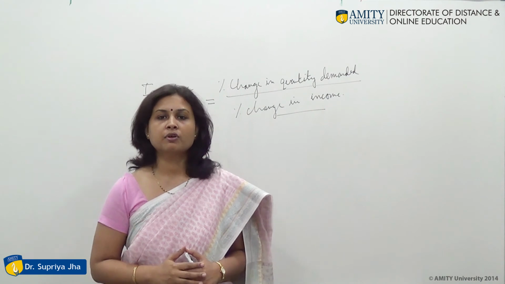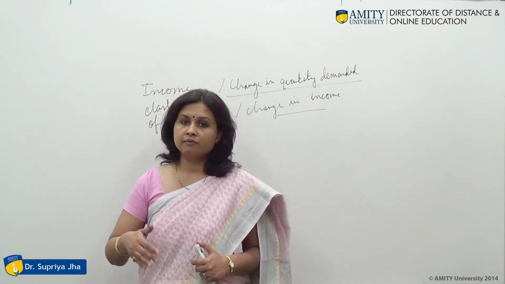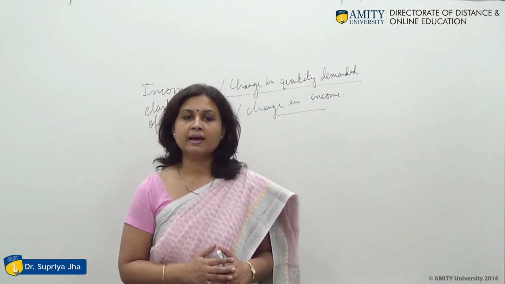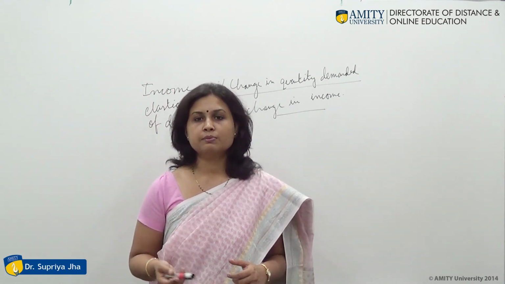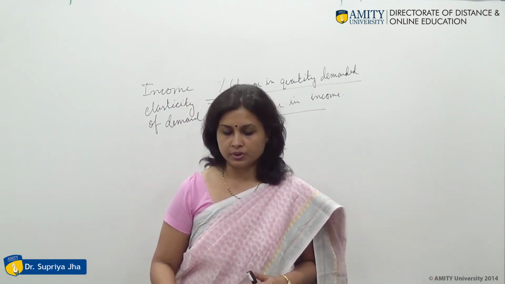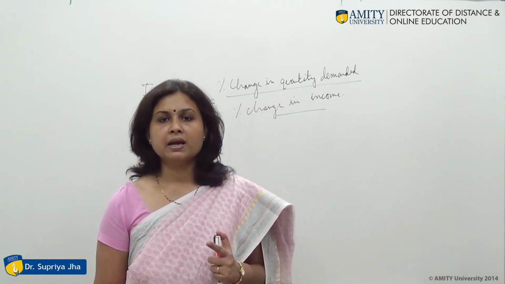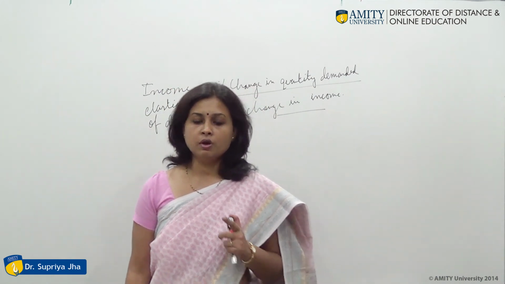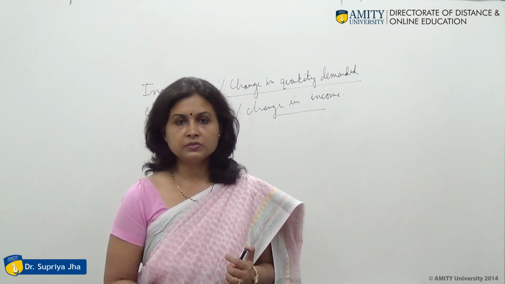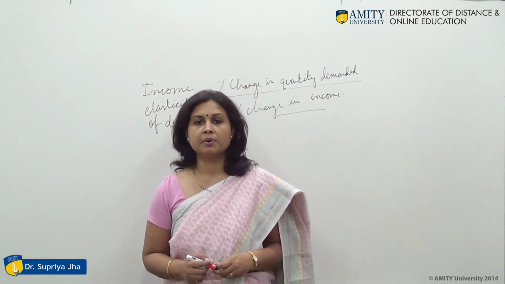For inferior goods, with the rise in income, the demand will fall. Why? Because when income is rising, people will always try to buy some more superior quality product. So for normal goods income elasticity would be positive, and for inferior goods income elasticity is negative.